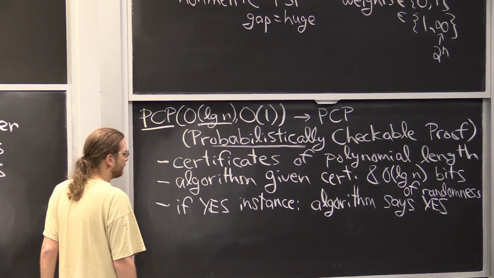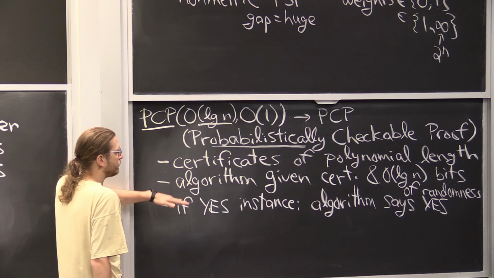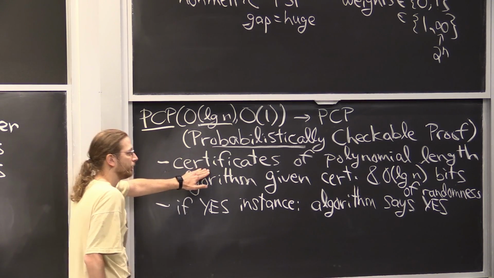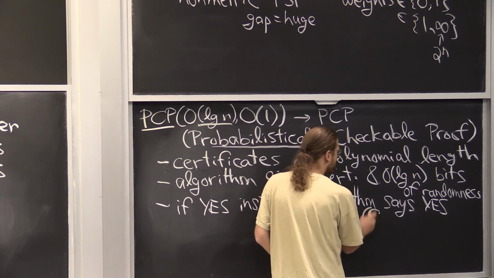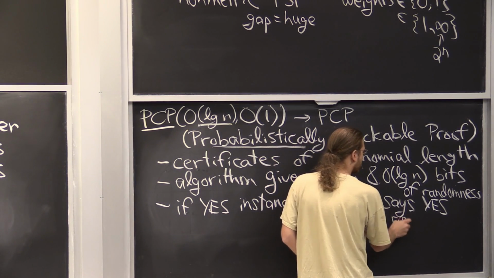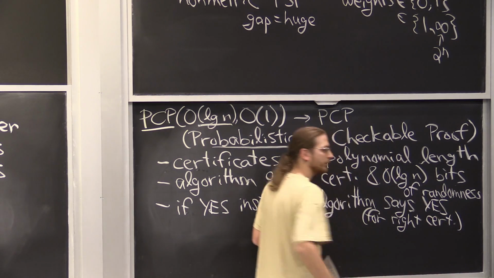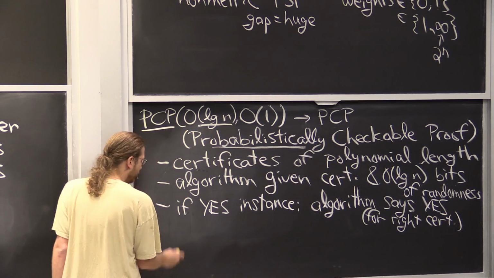It won't make a big difference. So if you have a yes instance and you give the right certificate, the algorithm is guaranteed to say yes, so no error there.